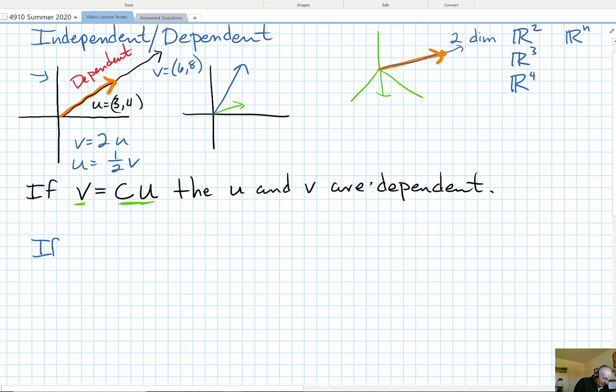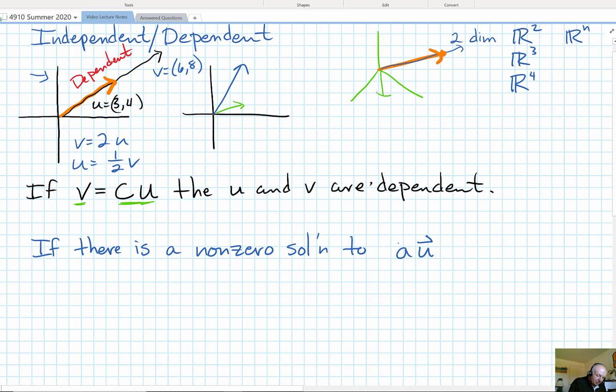If there is a non-zero solution to a times u, and I'm going to use our notation here, a times u, so it's clear that a is just a number and u is a vector.